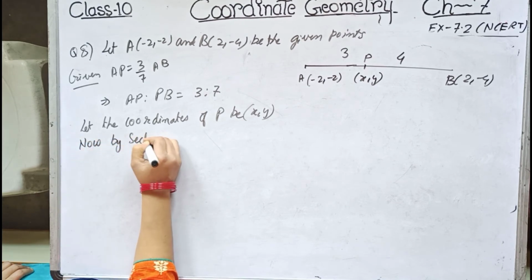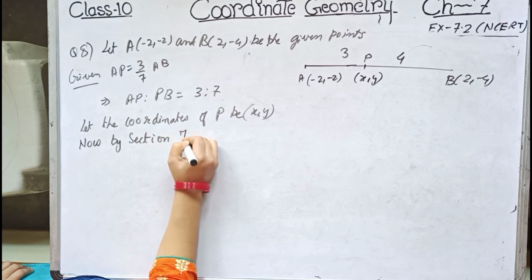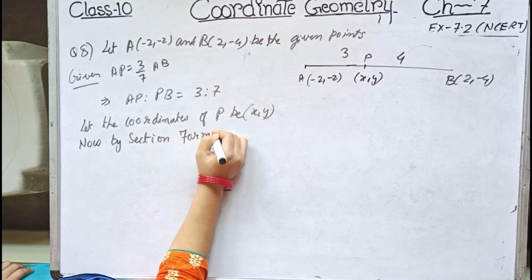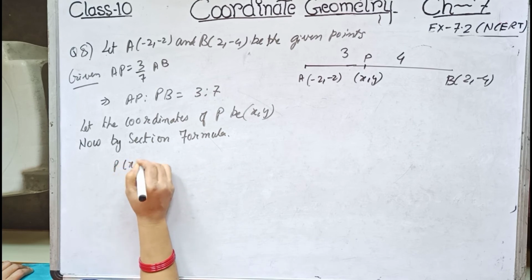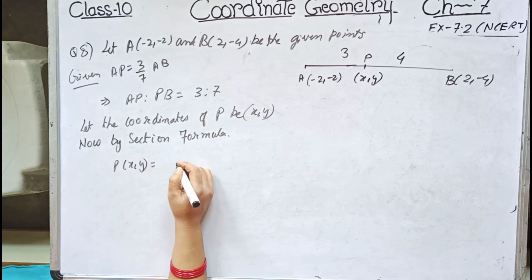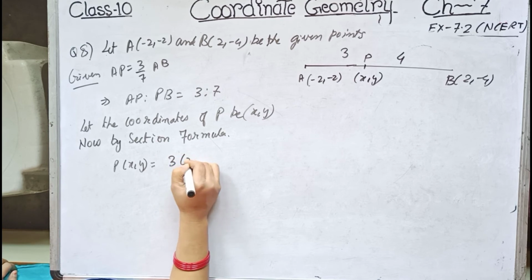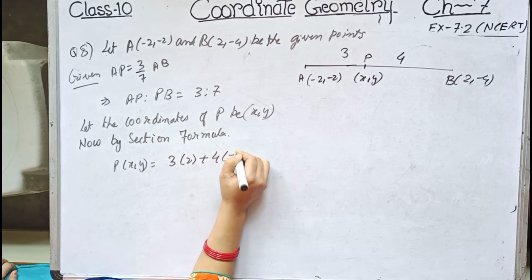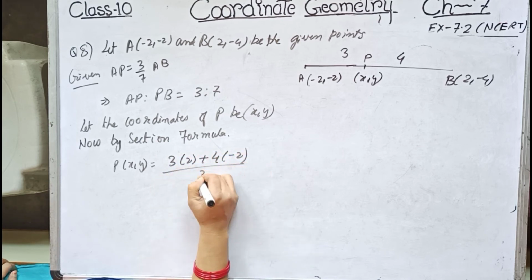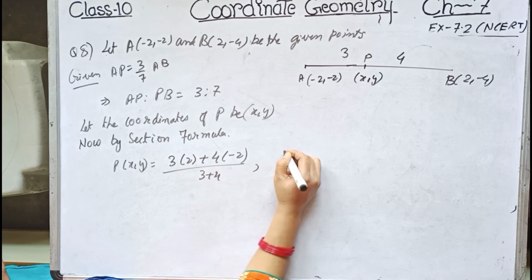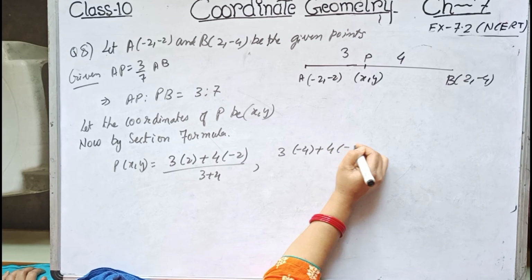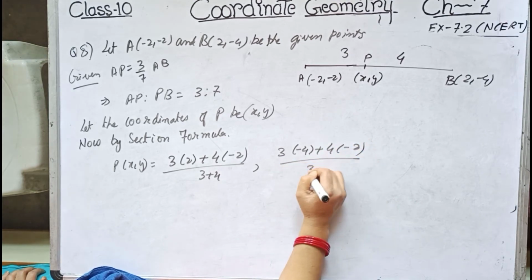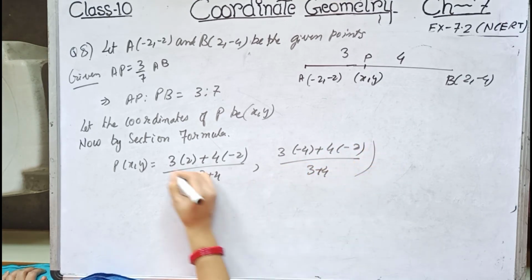By the section formula, P(x, y) is equal to ((m x2 plus n x1) by (m plus n), (m y2 plus n y1) by (m plus n)).